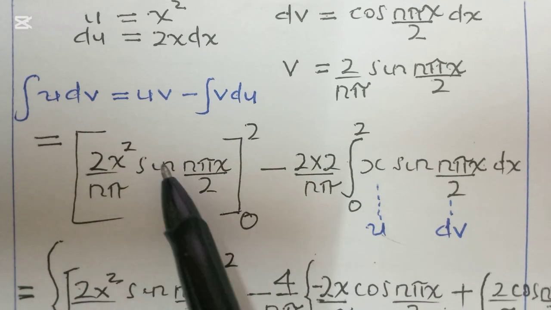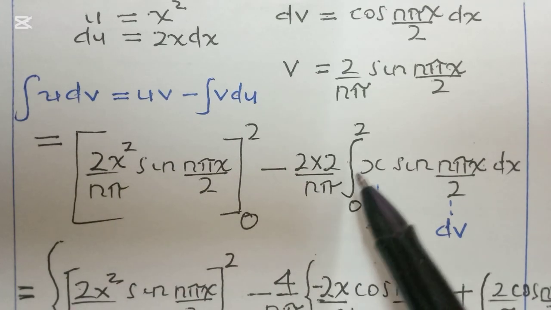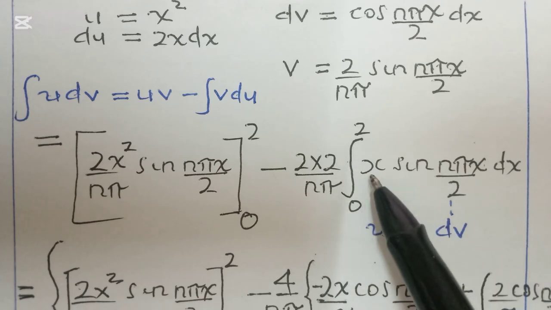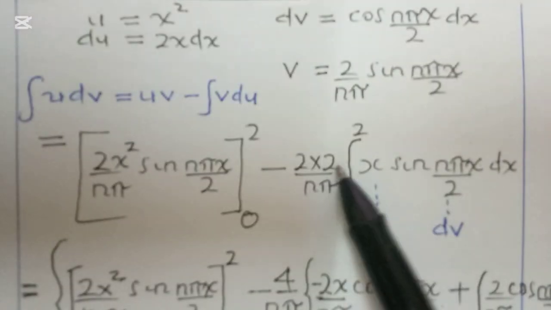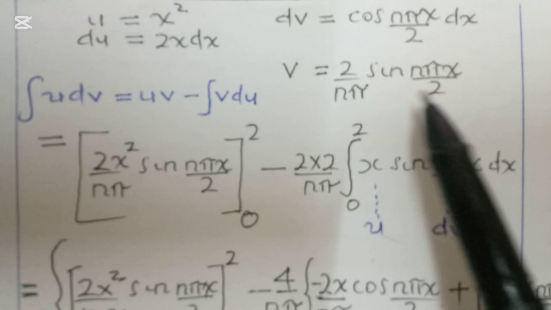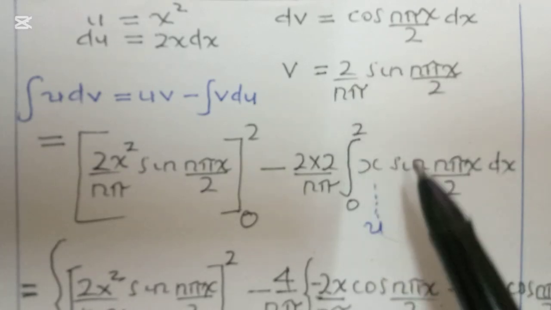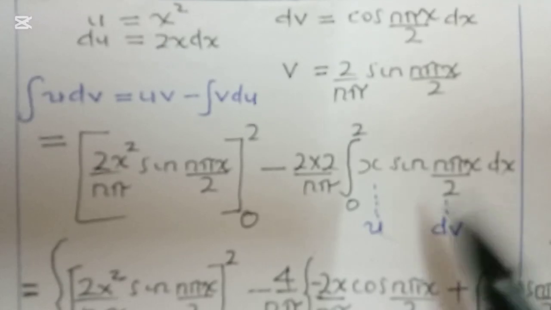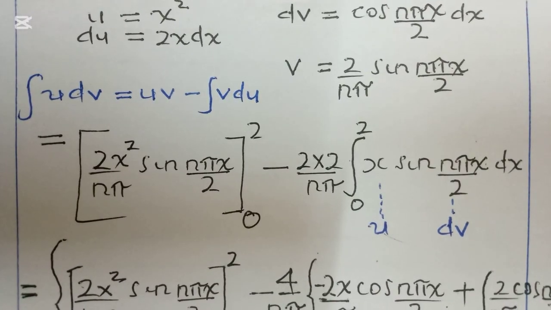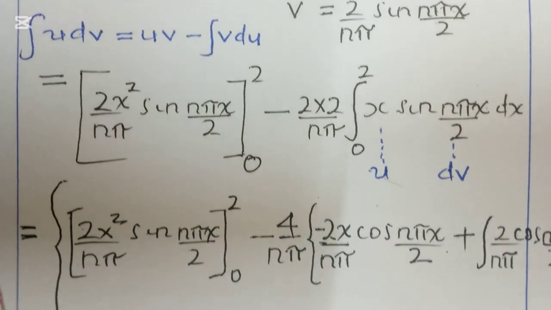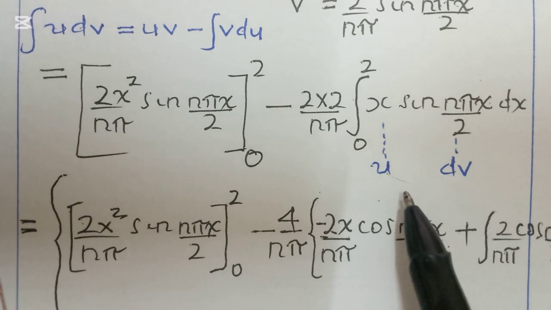This is uv minus the integral of v du. The du is 2x, and then we have v, which is sine of that all over n pi. That's what we have. From there we still need to do another integration by parts for this.